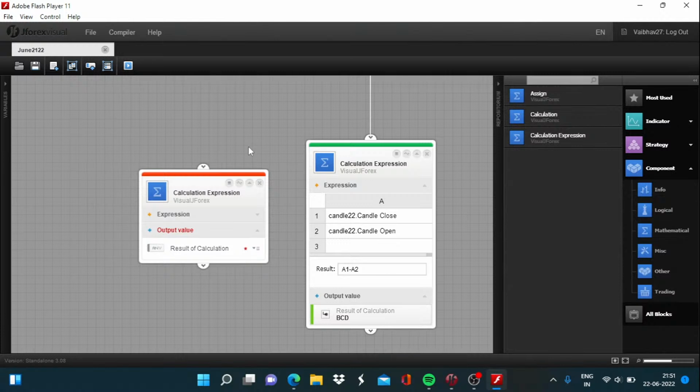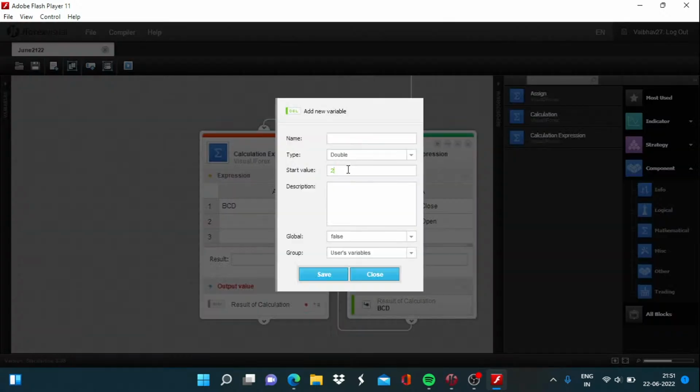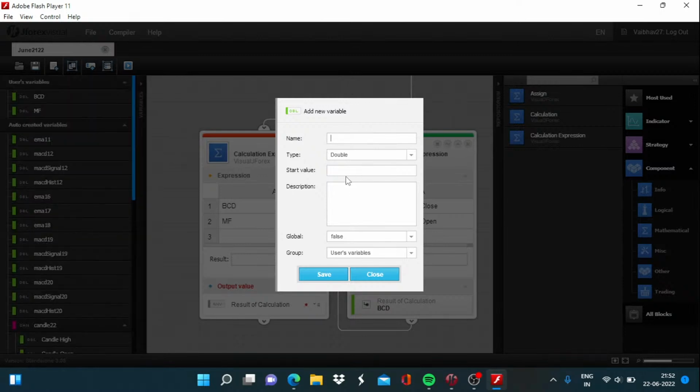So this difference will be multiplied with two variables, one having the start value of 2. Okay, and then another variable for pip conversion, it will have 10 raised to the power 4 as its start value, 10,000.